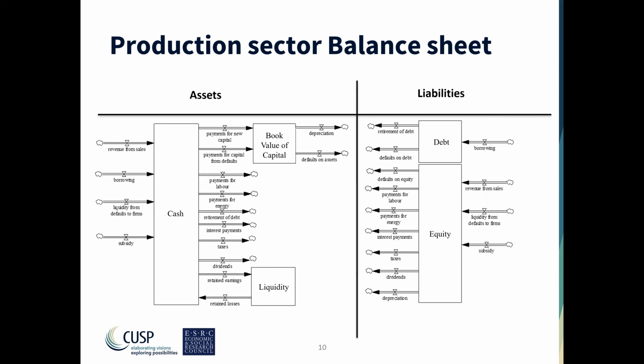Cash and liquidity are differentiated such that in a stock and flow consistent model, one wants to keep the cash stock flowing at all the time. So the value of that particular stock remains at zero while accumulating all the liquidity via retained earnings and losses.